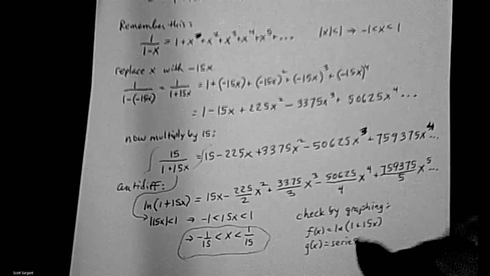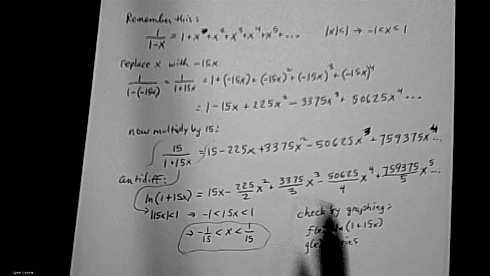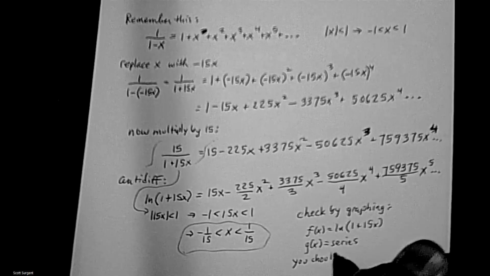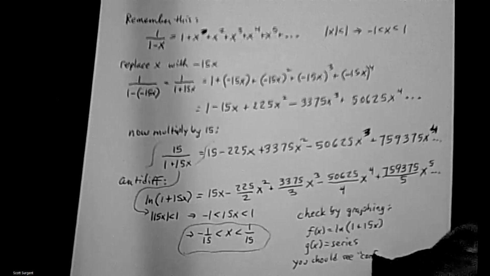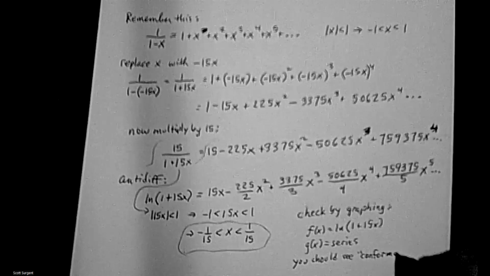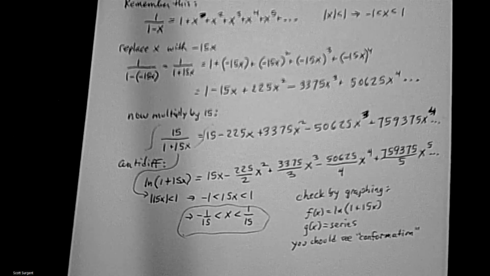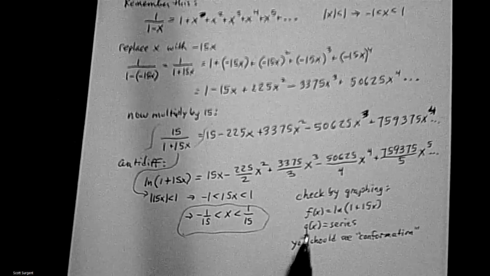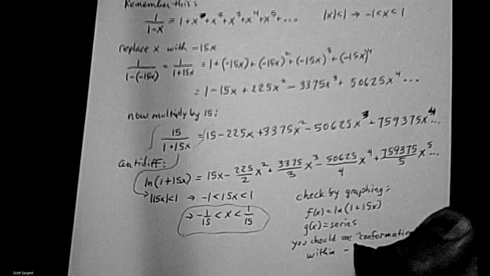It takes a long time to type in, but even after you only type in a couple of terms, you should see, in quotes, confirmation that the two functions are actually equal, but you're only going to see that happening in between this tiny little interval. So you have to really zoom in.